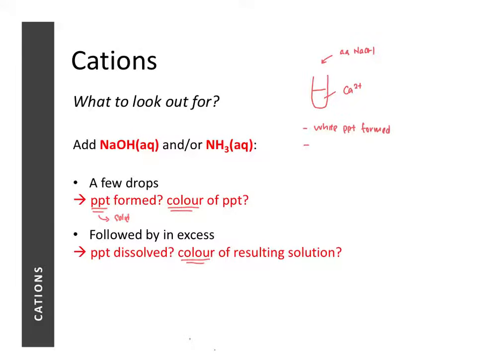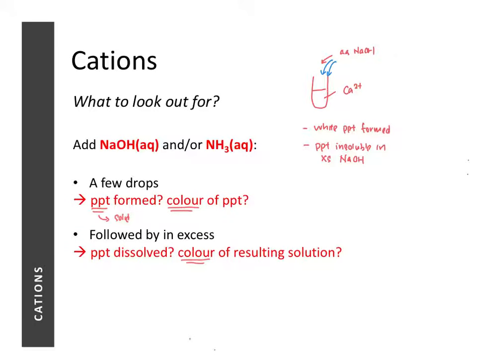And then when I add in excess, I notice that the white solid remains. It doesn't dissolve in excess sodium hydroxide. So the PPT is insoluble in excess NaOH. This is the outcome that you will get when you add sodium hydroxide into a solution that contains calcium ions.